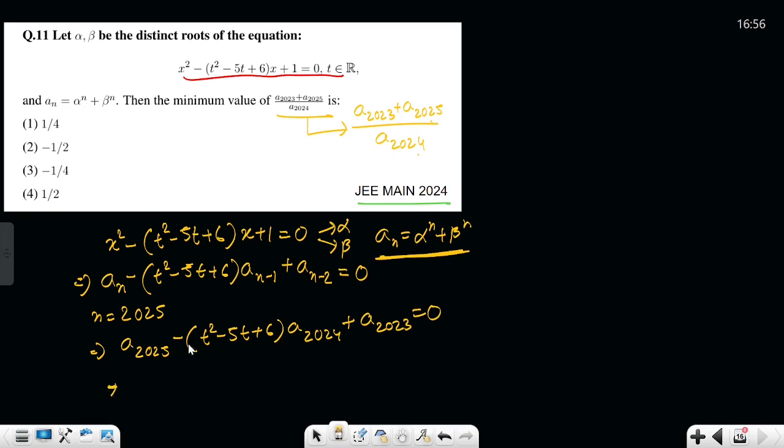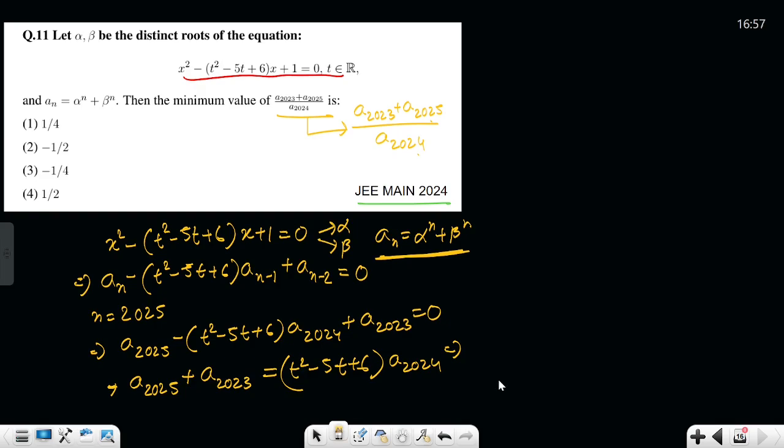So bring this whole term to the right hand side. We will get A2025 plus A2023 equal to (t square minus 5t plus 6) into A2024.